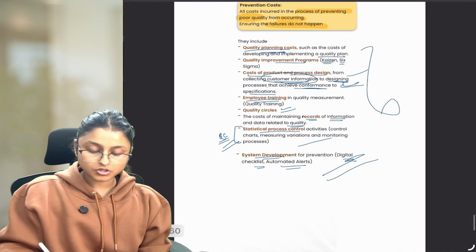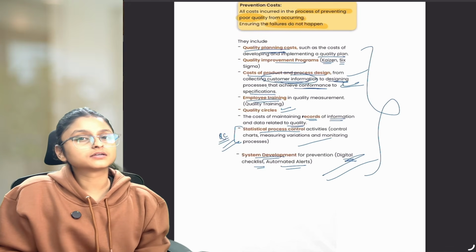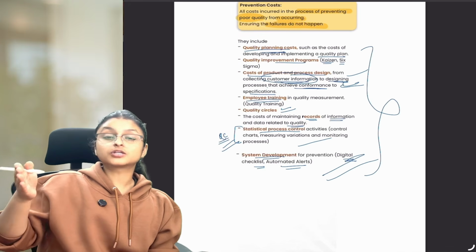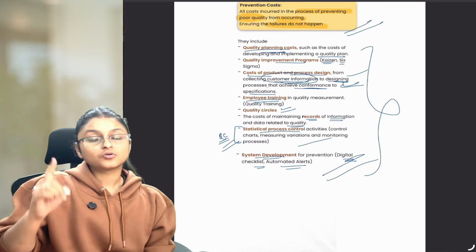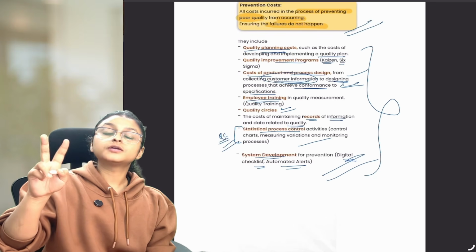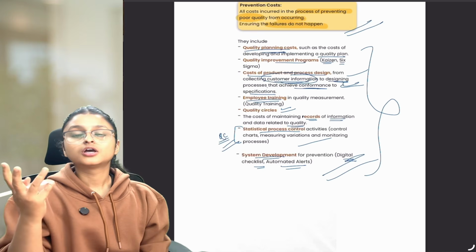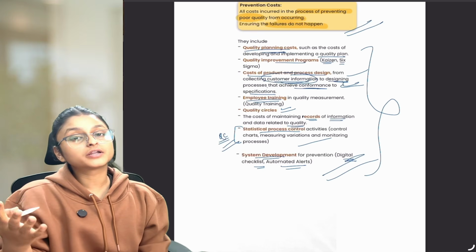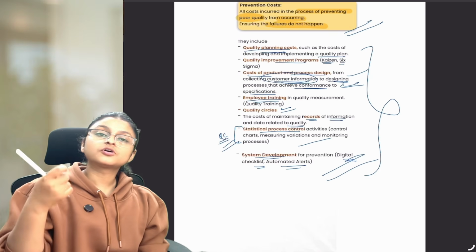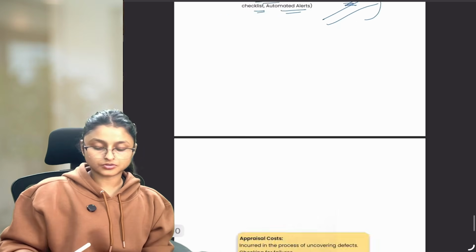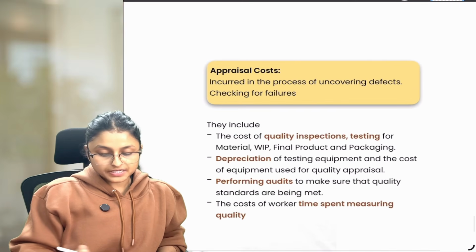All of these costs which are incurred for preventing defects in the final product are known as prevention cost. Quality planning cost, quality improvement programs cost, record related cost, employee training cost, quality circle cost, system development cost, and statistical process control cost. Next comes appraisal cost.